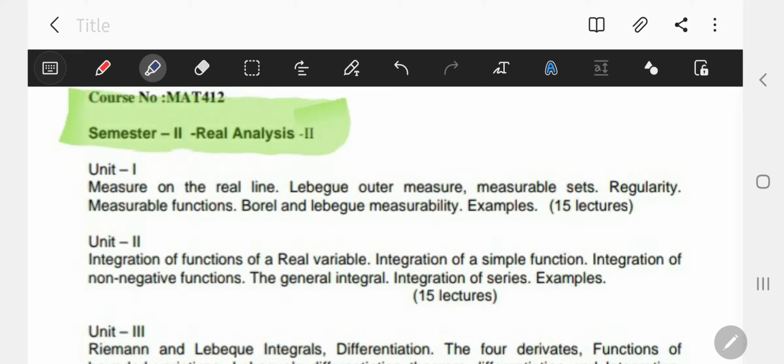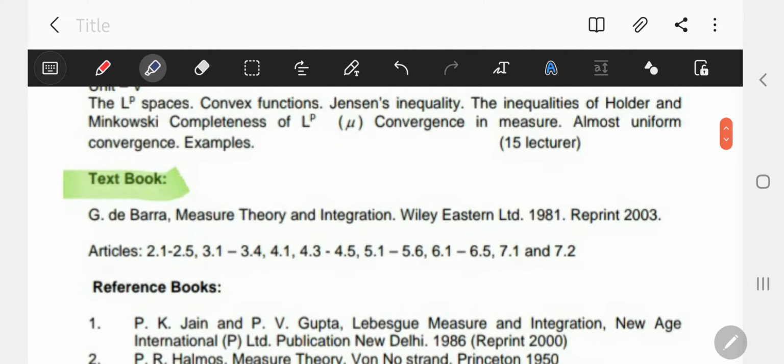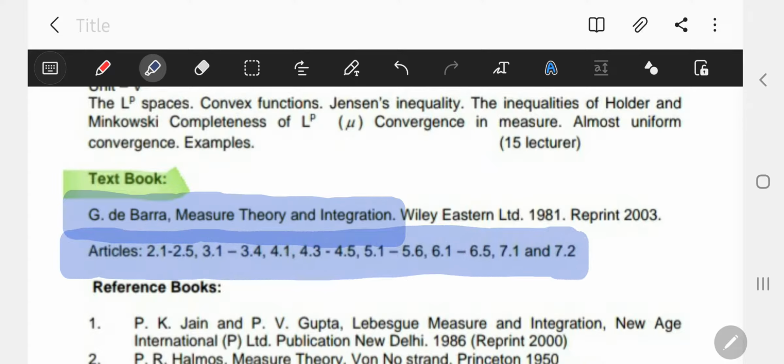Now in the second paper, Real Analysis second, again there are 5 units, unit first to unit 5, and we use the textbook Measure Theory and Integration by G.D. Bara, and there are articles from the second chapter, third chapter, fourth chapter, fifth chapter, sixth chapter and seventh chapter.